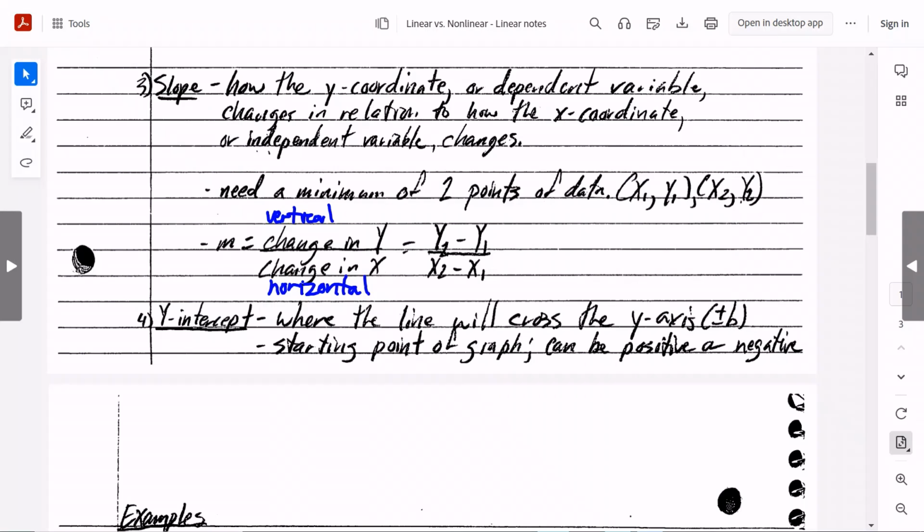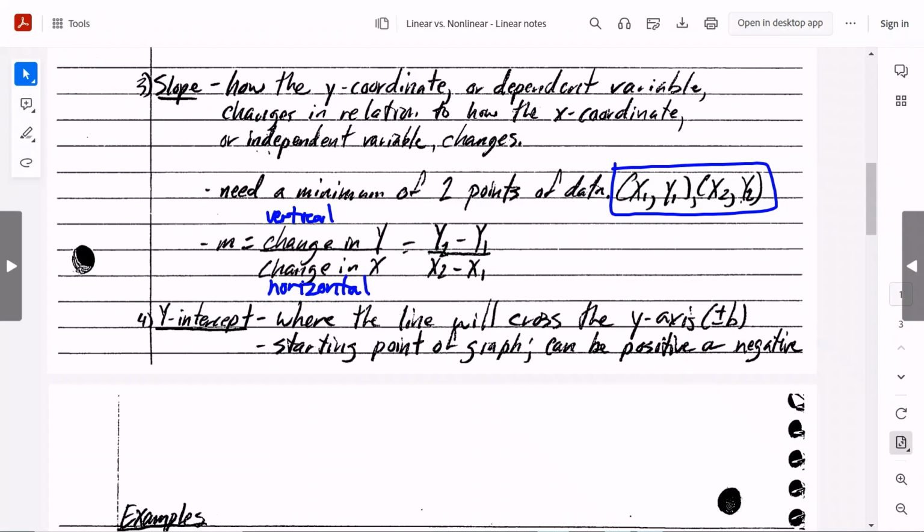Okay? Now, notice how I've got the 2 points that you need for your slope: x1, y1, x2, y2. Every point, every ordered pair is x, then y. X, then y.